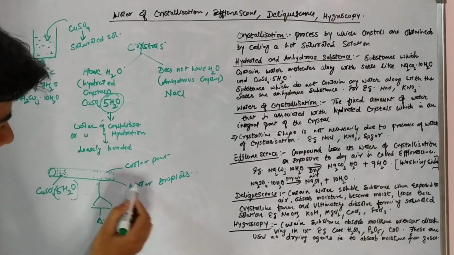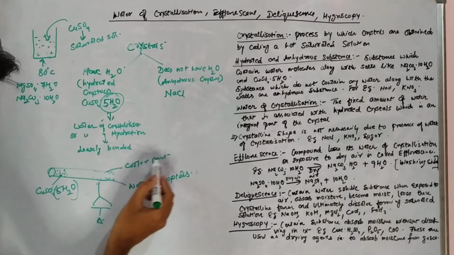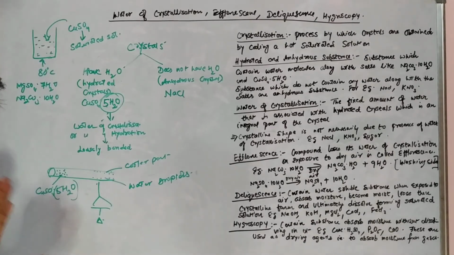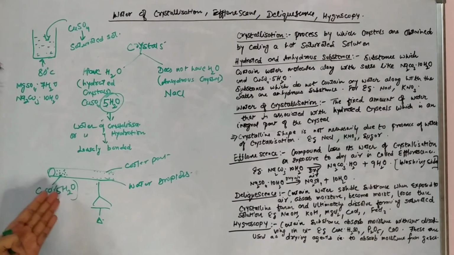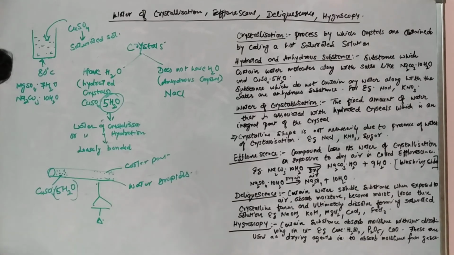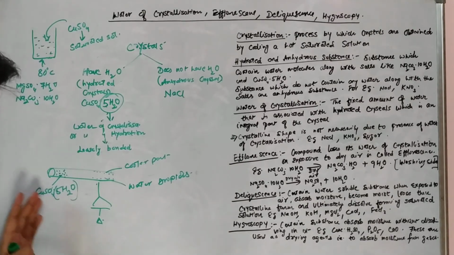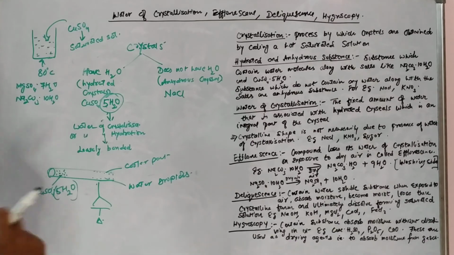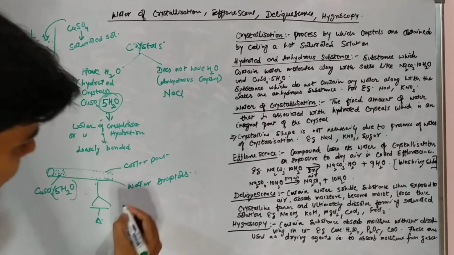These water droplets are due to the water of crystallization, the water molecules associated with copper sulfate, which we've already said are loosely bonded. That is why when we heated the crystals of copper sulfate, these water molecules easily got removed from the crystals.